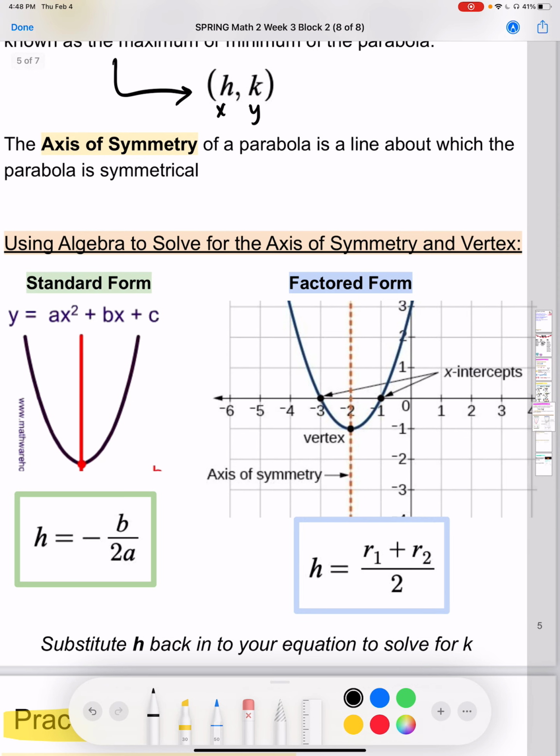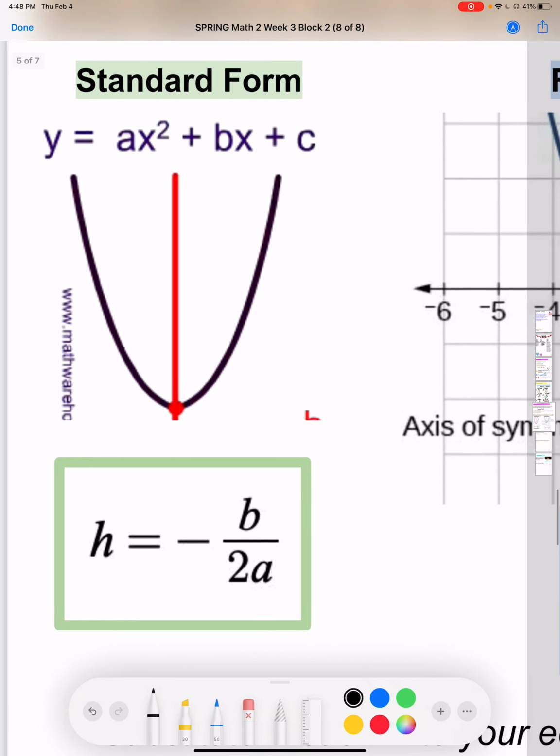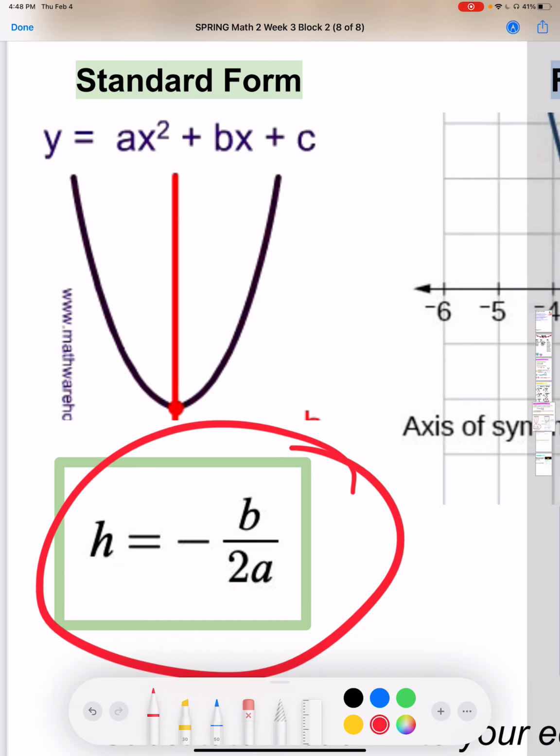The nice thing is we can actually use algebra to solve for the axis of symmetry and the vertex. Because we're learning two forms right now, standard and factored, there's two different ways to do that. The first one is standard form. If you have a parabola in standard form, you can find that axis of symmetry, that red line in the middle, by using this equation down at the bottom. h, remember h is the x-coordinate of your vertex, is equal to negative b over 2a.